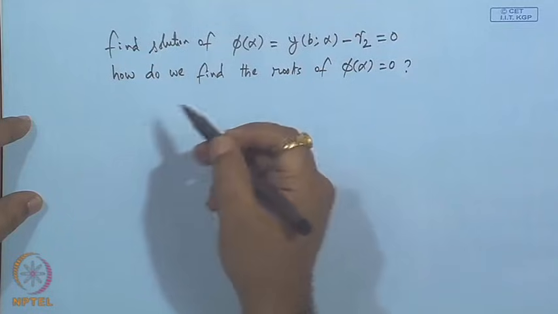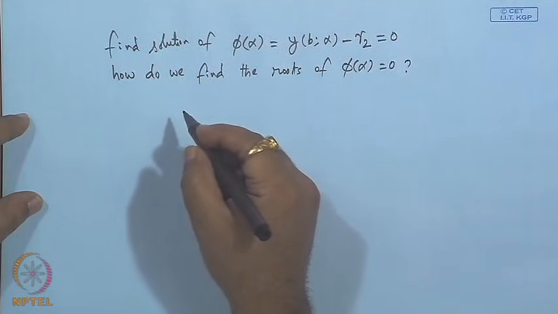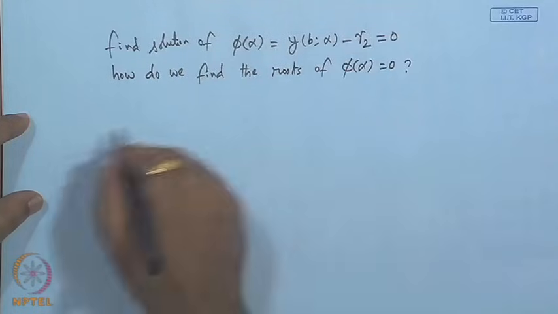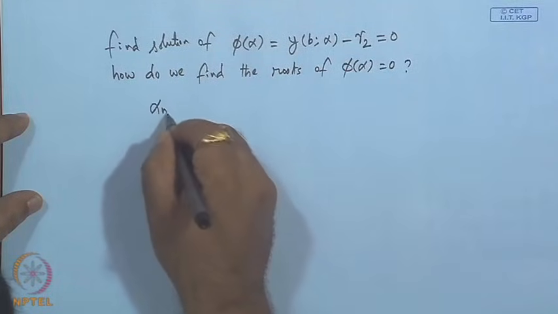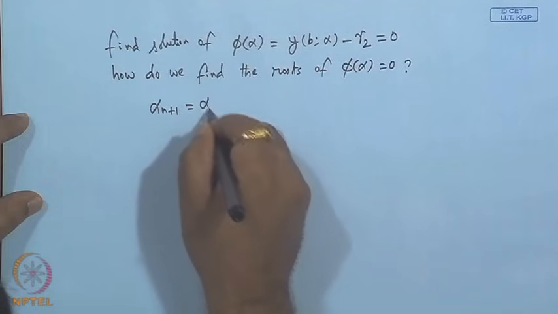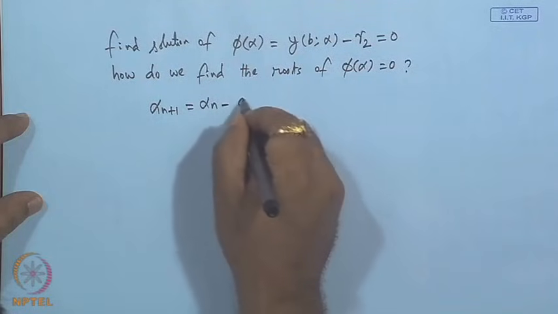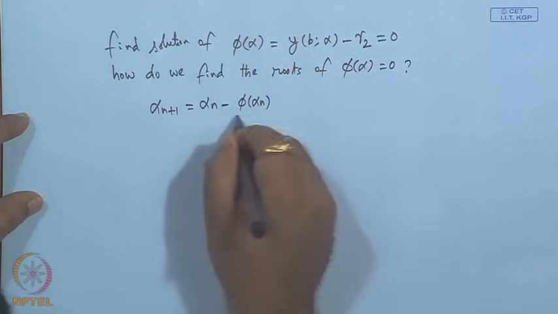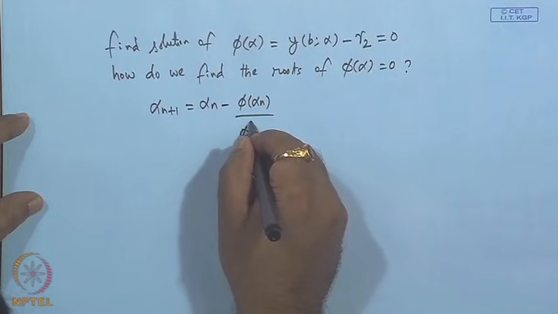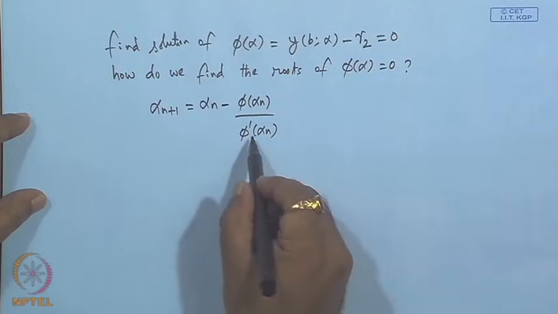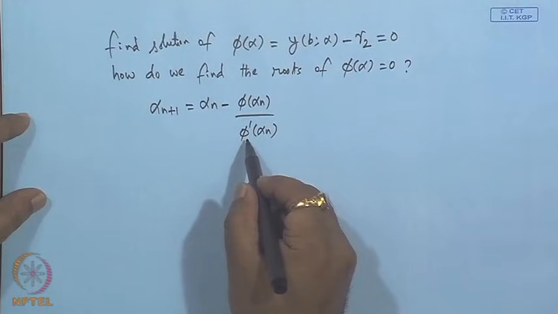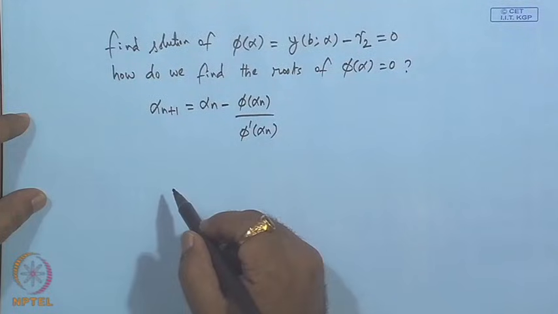For example, you have the Newton-Raphson method, any other? Yes, the secant method. Let us define the very popular Newton-Raphson method. Of course, here the prime denotes a derivative with respect to alpha.